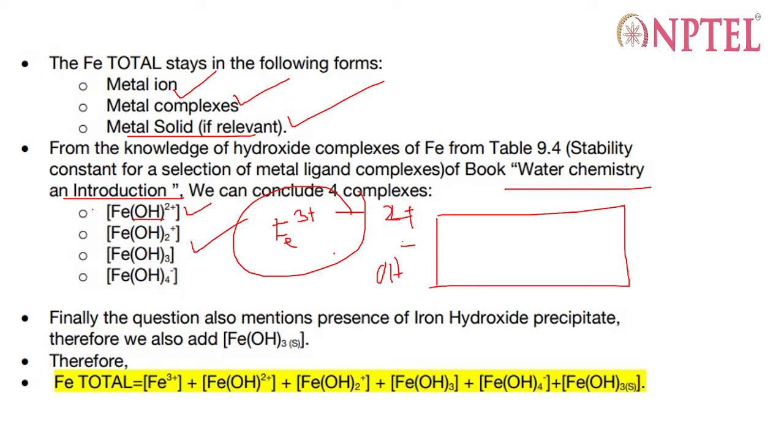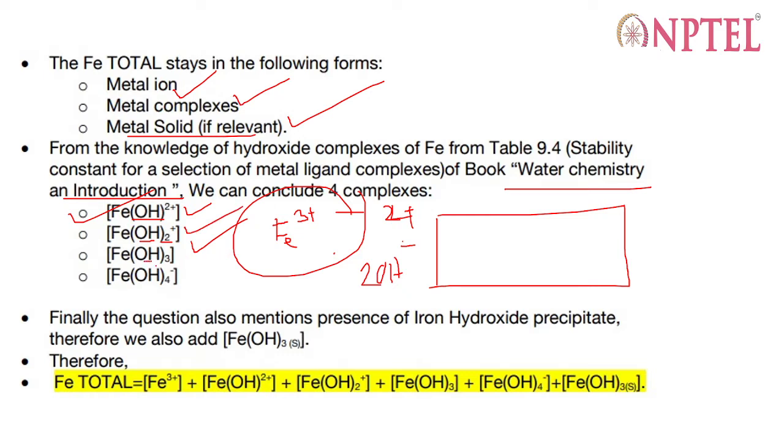So from here you can easily calculate, right? There is nothing much to understand. Let's go to this one, Fe(OH)2. Two OH ions, so it is multiplied by 2, the total charge will be minus 2. So plus 3 minus 2 will be plus 1, right?